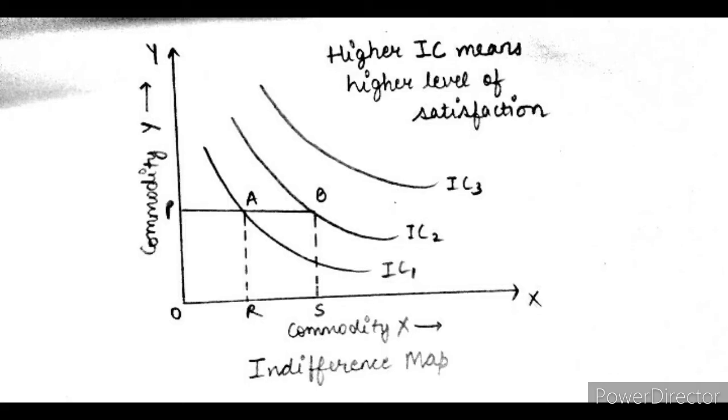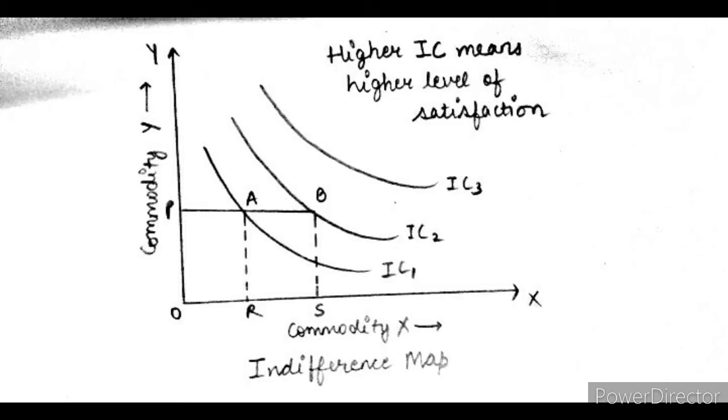In this graph, we can simply say that if bundle A and bundle B are both provided to the consumer, he will choose B. Why? Because according to monotonic preferences, a rational consumer always prefers more of a commodity as it offers him a higher level of satisfaction.